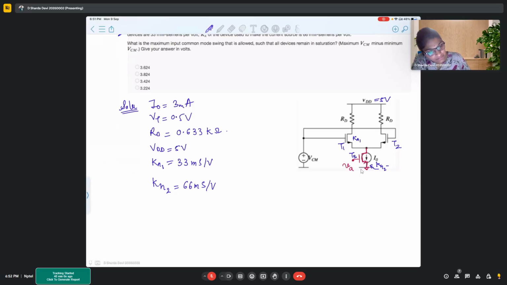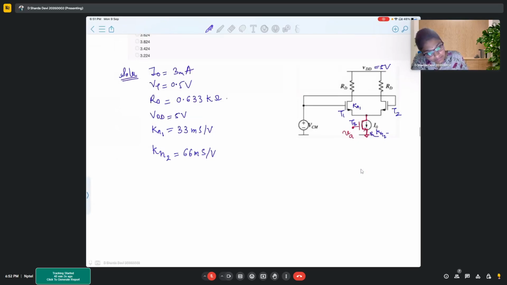This is transistor T3. Current through transistors T1 and T2 has ID equal to I naught by 2, that is 1.5 milliamperes, which will depend on Kn1.